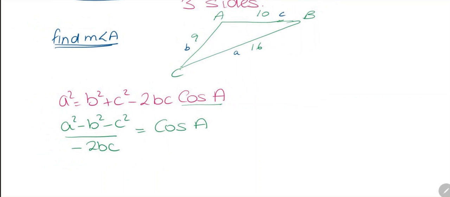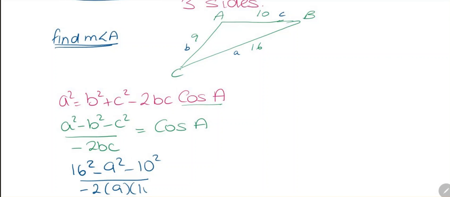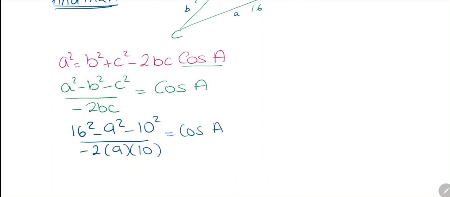So a squared is 16, so we have 16 squared. b squared is 9, so that's 9 squared. And c squared is 10. And this is minus 2 times b, b is 9, and c is 10. And this is cos A.